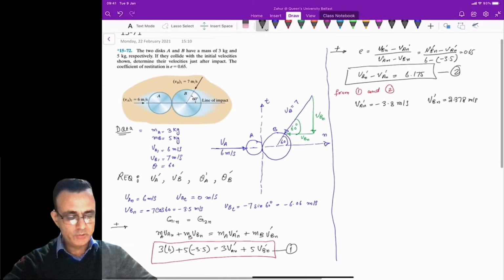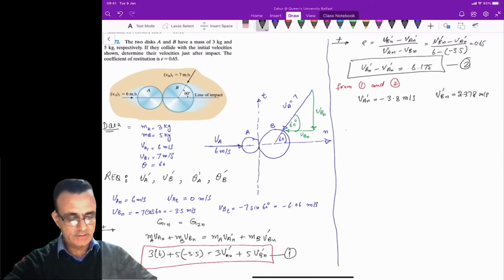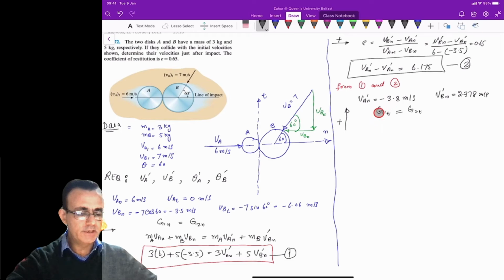So if you consider, for example, this as our positive direction, the initial momentum will be equal to the final momentum here.